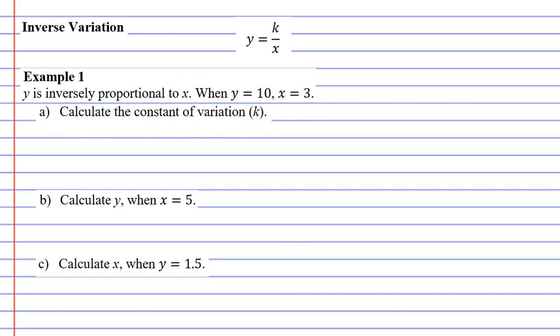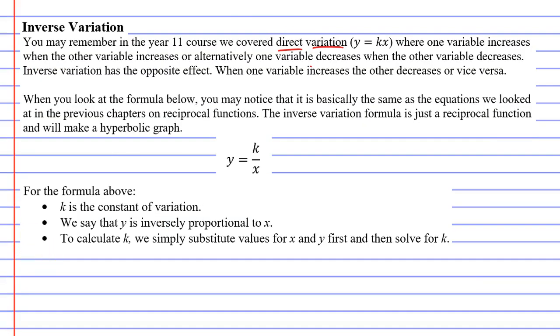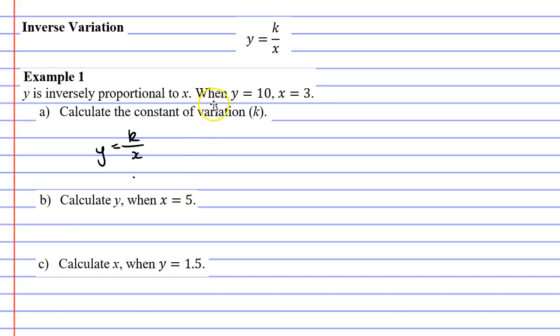So what I'm going to do is copy my formula down, y equals k over x. And I mentioned earlier that in order to calculate k, we simply substitute values for x and y first and then solve for k. Now we know that when y equals 10, x equals 3. So we'll write that down.